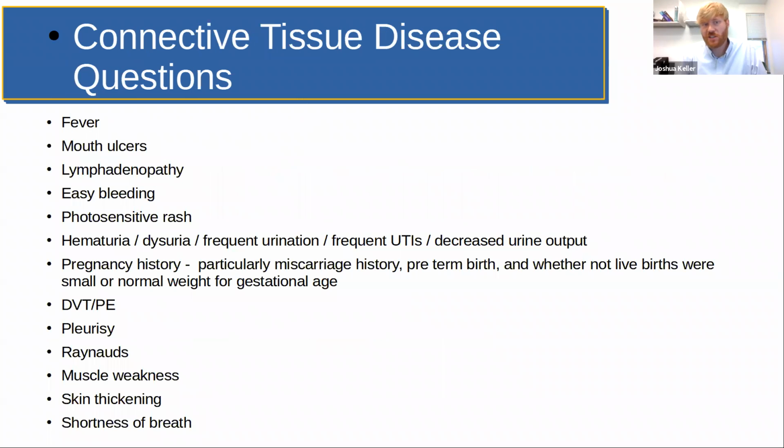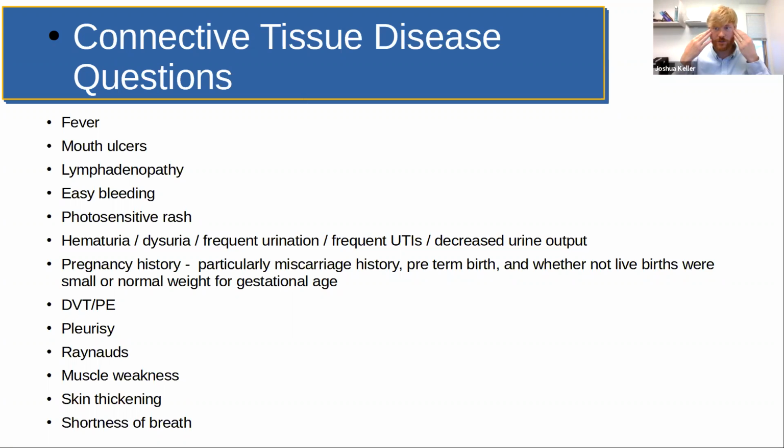So connective tissue disease is a huge group of diseases, but there's a lot of overlap in that group. So a lot of these questions can apply to multiple diseases in the group of connective tissue diseases. So fever, mouth ulcers, lymphadenopathy, so big swollen lymph nodes, easy bleeding, which we would usually associate with thrombocytopenia potentially.